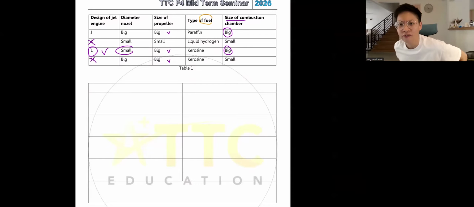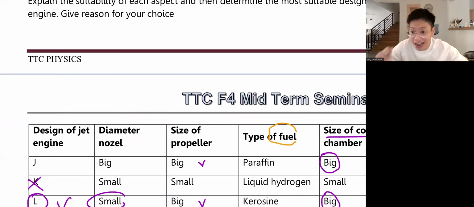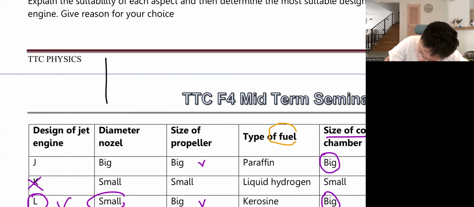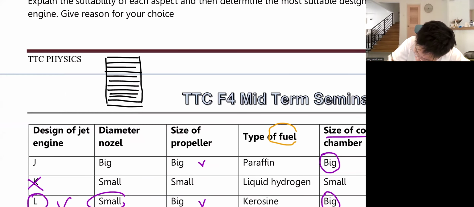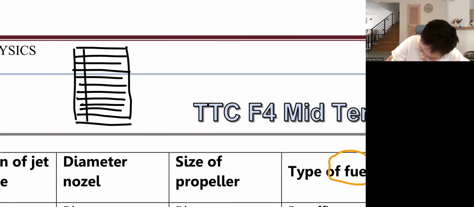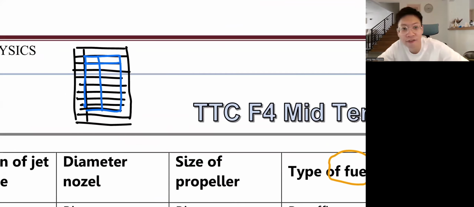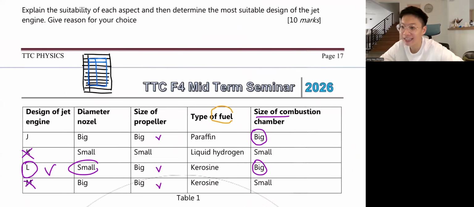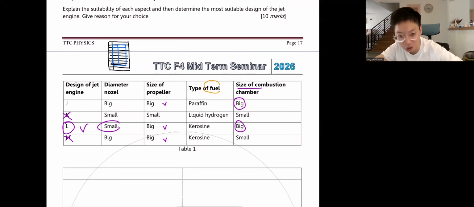Make it yourself, right? So you will be answering this in a full scape paper, in a lined paper. Okay, so therefore you have to take your blue pen and draw the table by yourself. Understand? So don't tell me that you don't know that you have to draw this table.